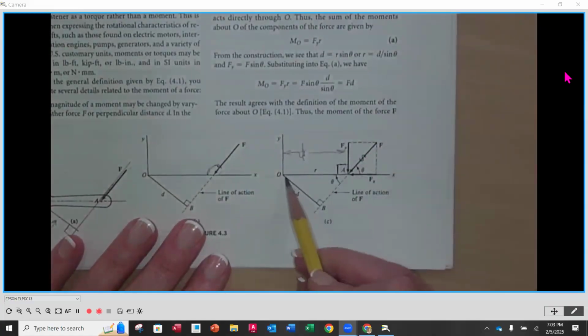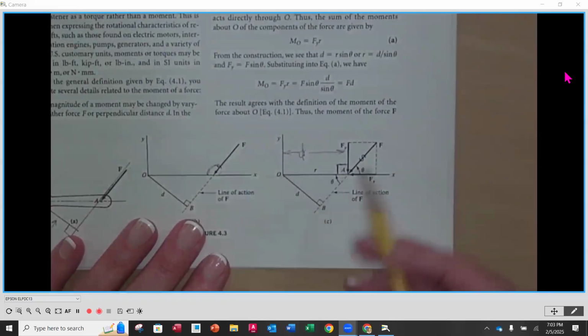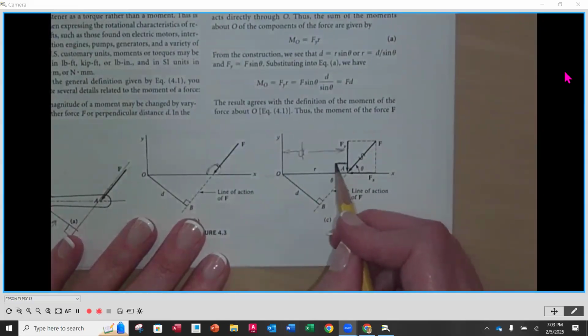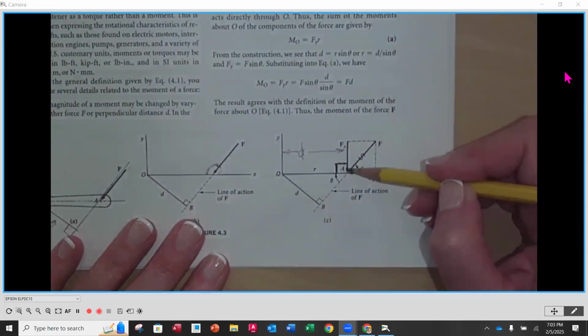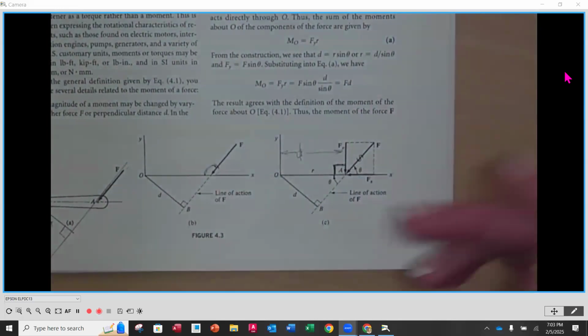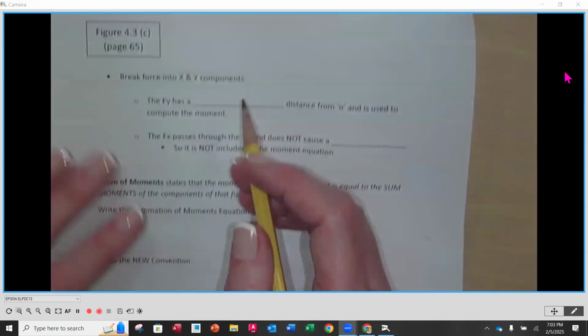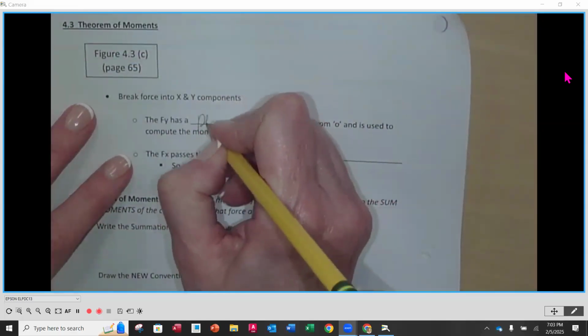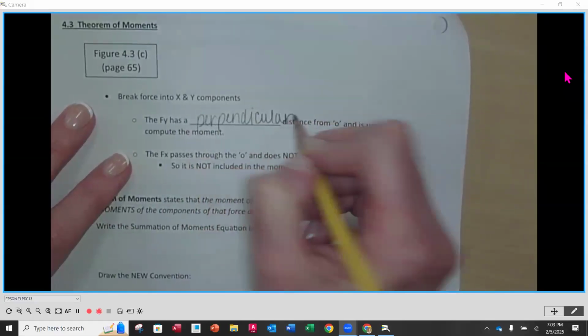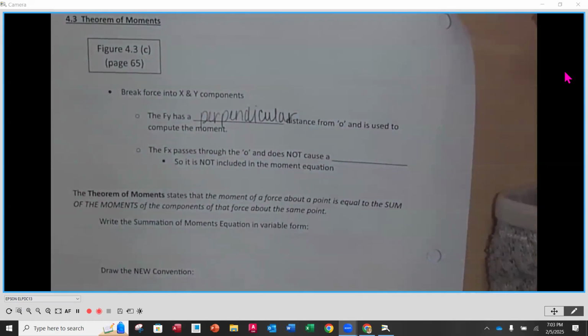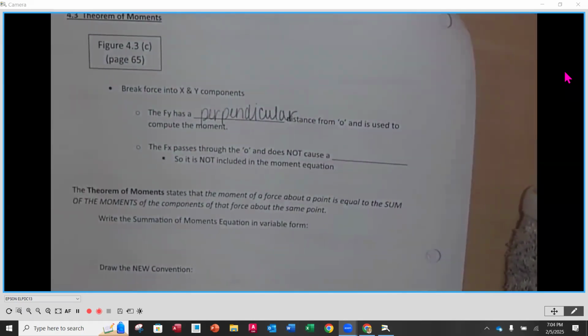It has a perpendicular distance. Notice that there's a right angle here, and this is the distance that we use times Fy to calculate the moment. So Fy has a perpendicular distance from O, and that value is going to be used for computing the moment.